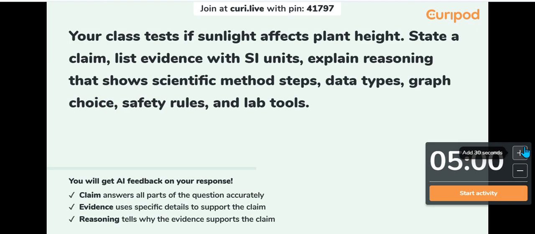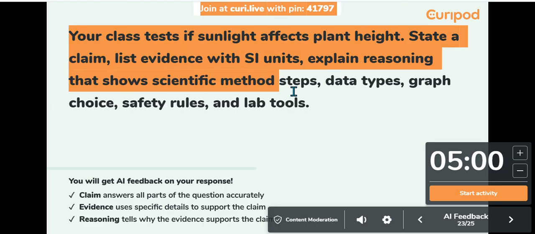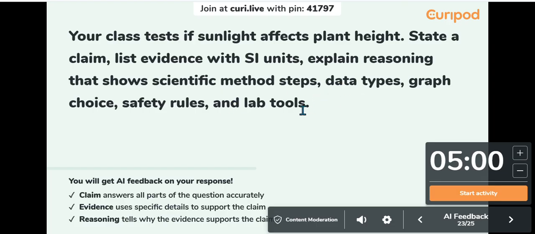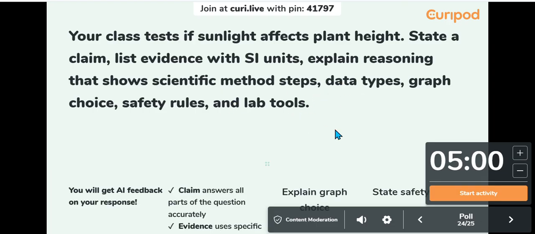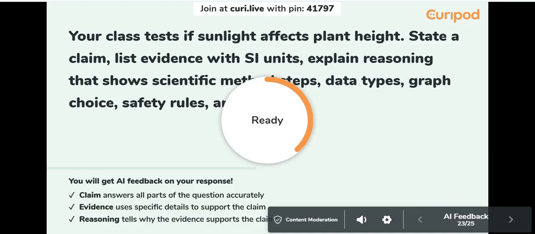So exit ticket now. Show what you know. Your class tests if sunlight affects plant height. State a claim, list evidence. The SI units explain reasoning that shows scientific methods, steps, data types, graph choice, safety rules, and lab tools. Okay, so let's start this.